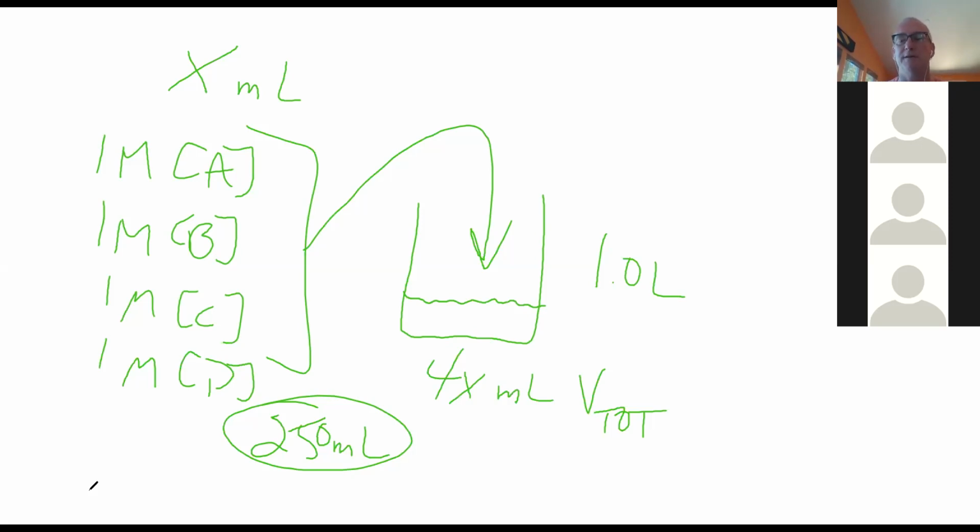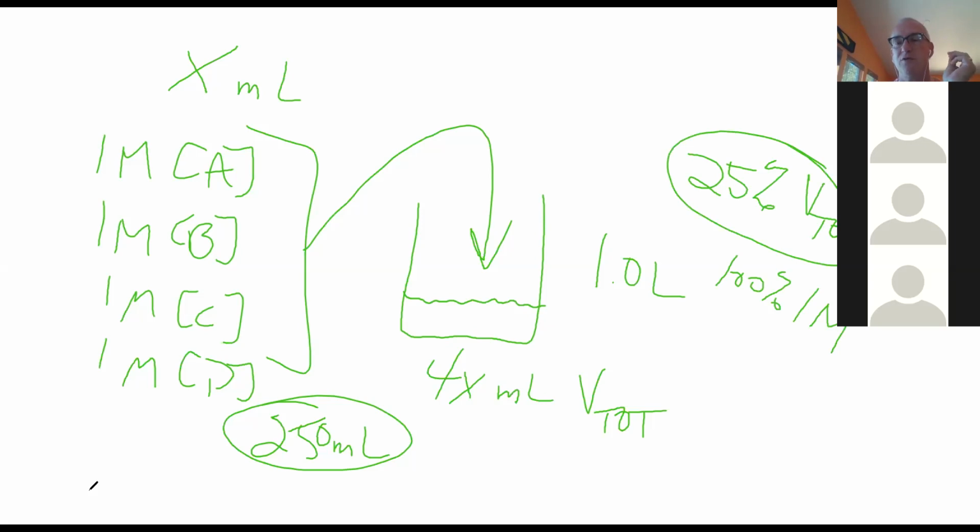That's a really good point. So if each one is now 25% of the total volume, when they were 100% of the total volume in their initial solution, they were 1 molar. Now that they're 25% of the total volume, what's their new concentration?